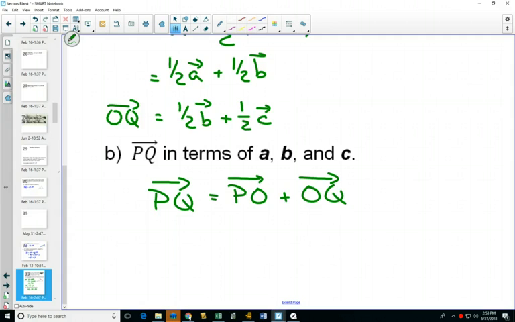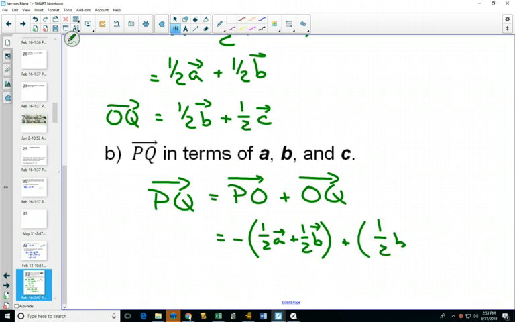And P to O is just the negative of O to P, and we already figured out O to P was 1/2 a plus 1/2 b. And O to Q, we figured that out to be 1/2 b plus 1/2 c.